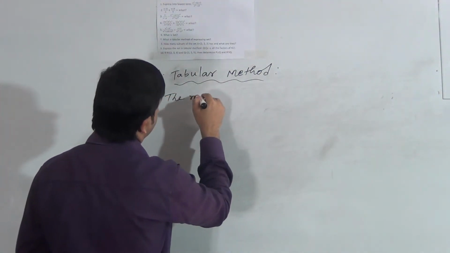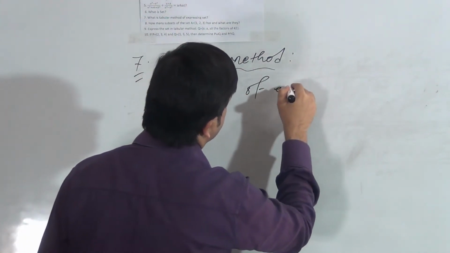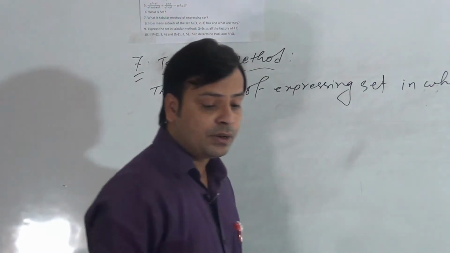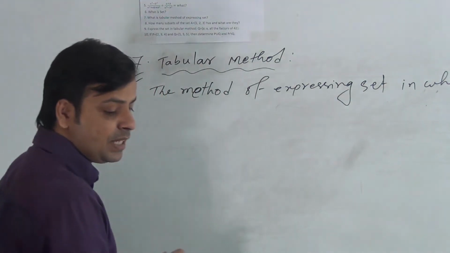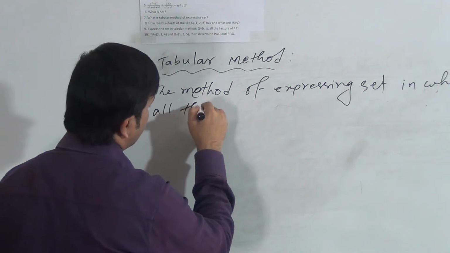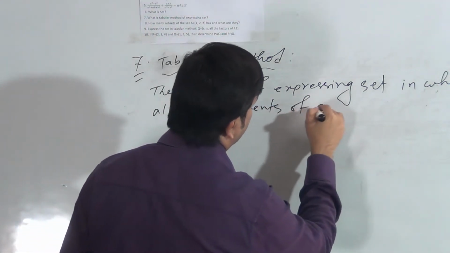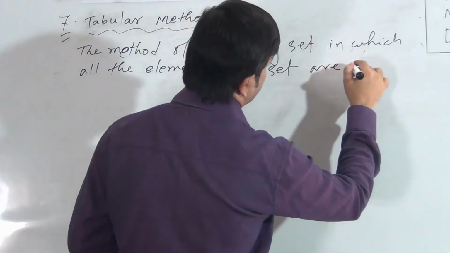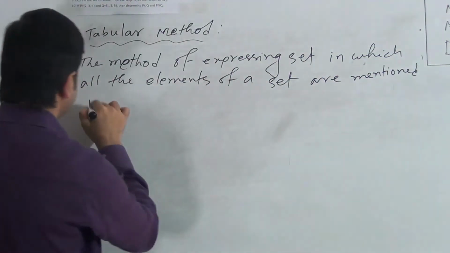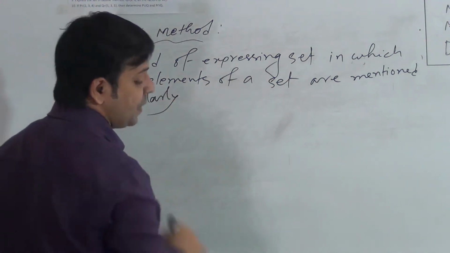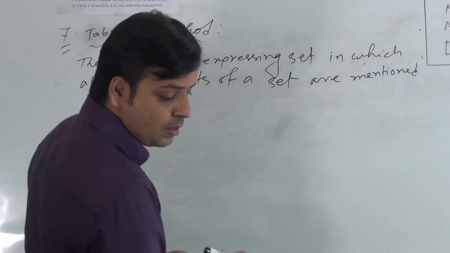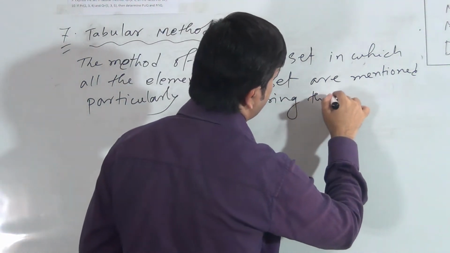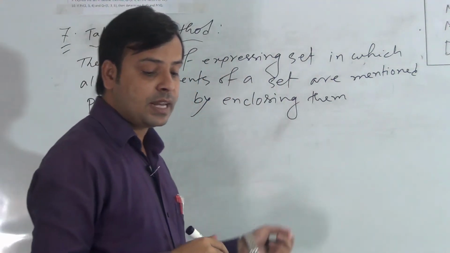The method of expressing set in which all the elements of a set are mentioned particularly by enclosing them in second brackets.